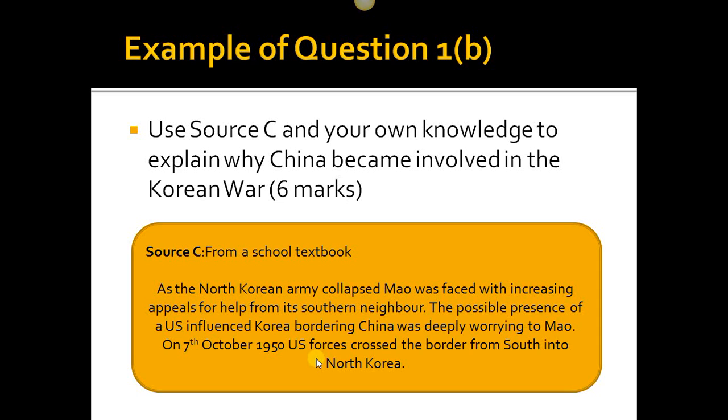So he didn't want capitalist ideas on his doorstep because he thought they would spread into China. And on the 7th of October 1950, US forces crossed the border from the south of Korea into the north of Korea, and they actually fought their way all the way up really to the top, nearly in China, and Mao had to send troops in to fight them back. North Korea and South Korea today are a communist country and split in two.